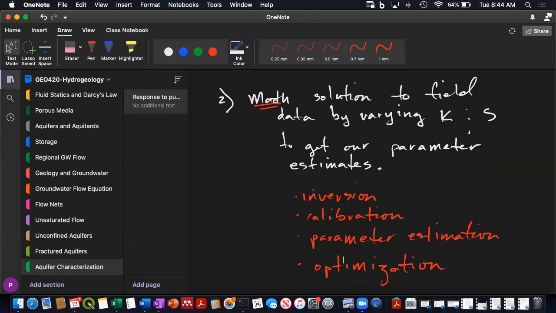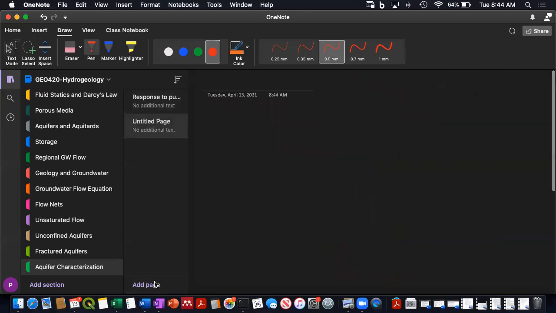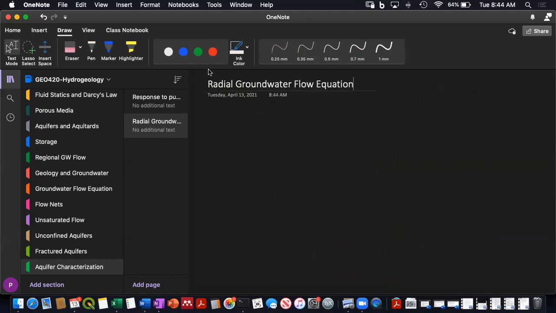All right, so let's start off with the equation for radial groundwater flow. Right, so the first ingredient we have to solve the boundary value problem is a governing equation. Can't solve this problem if we don't know what the governing equation is. So let's make some assumptions first.